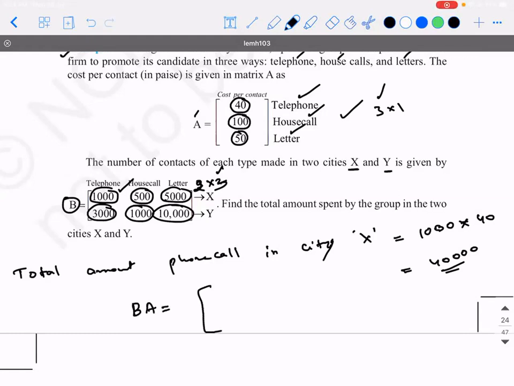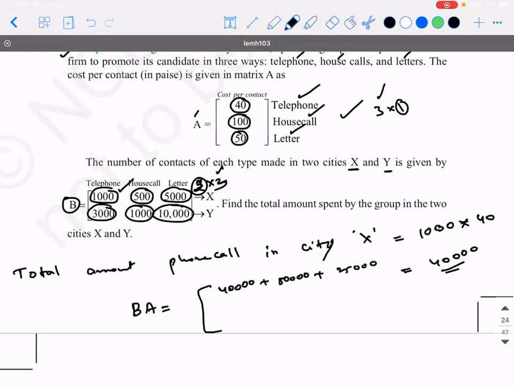When you do that B into A, how much are you going to get? 40,000. So what will be the matrix that you will get, guys? You will get a 2 cross 1 matrix. Right. Yes, sir. So 40,000 plus 50,000 plus 25,000.